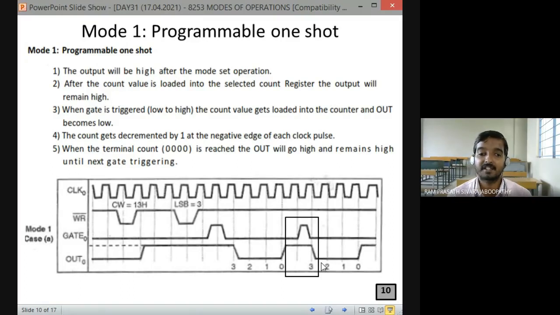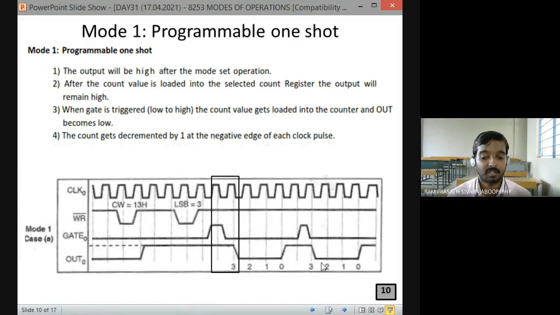When gate is triggered from low to high. Fine. When count value is getting loaded into the counter, at that point of time in mode 1, output becomes low. Correct? Count load ஆகிற அதே டைம்ல output என்ன ஆகுது? High இருந்து low வந்துருது.